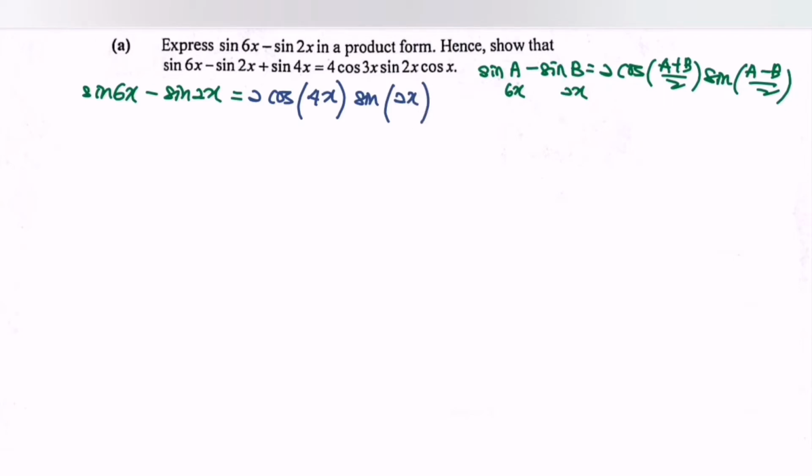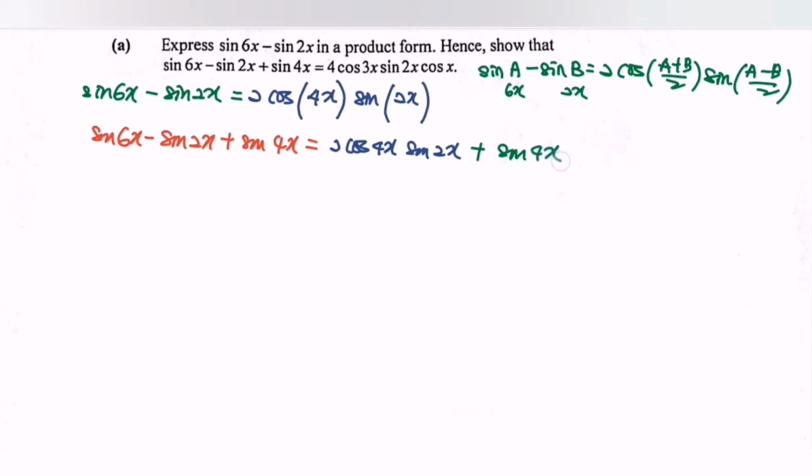Next, hence show that sine 6x minus sine 2x plus sine 4x equals, focusing on the front part, 2 cos 4x sine 2x. Then we have to plus sine 4x.